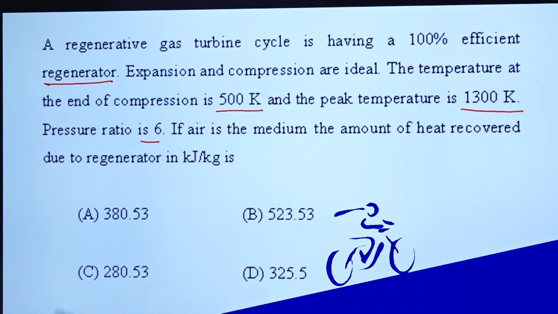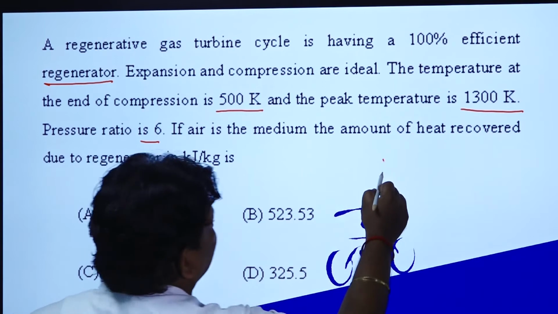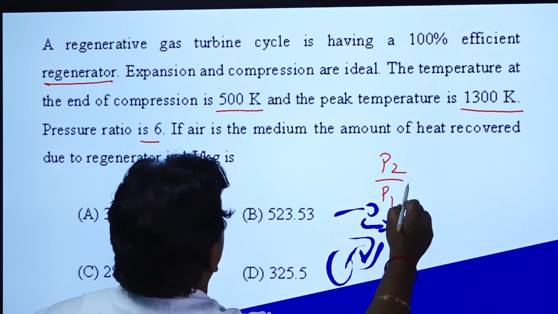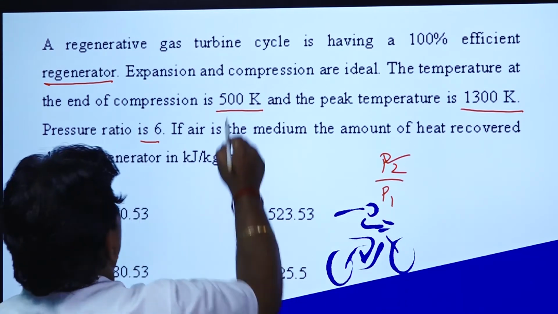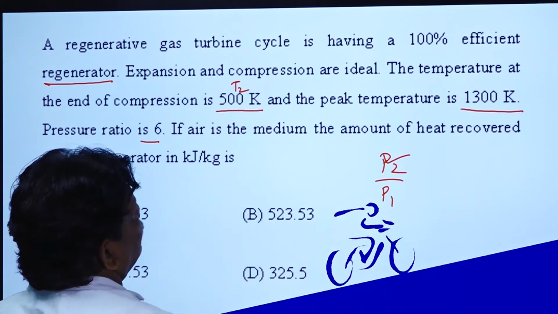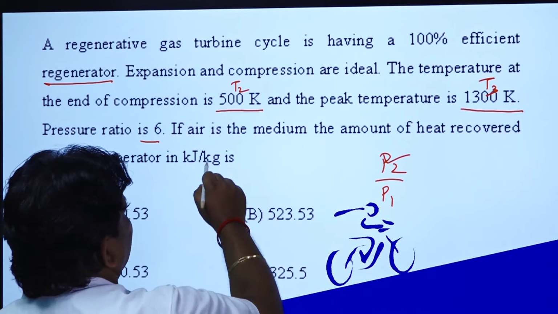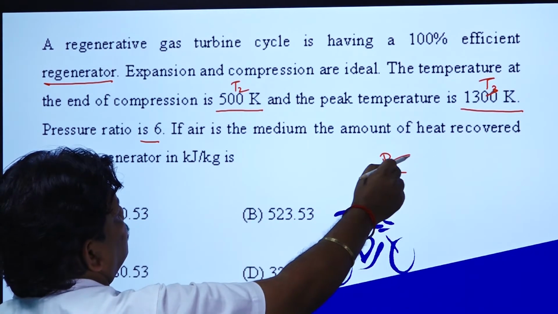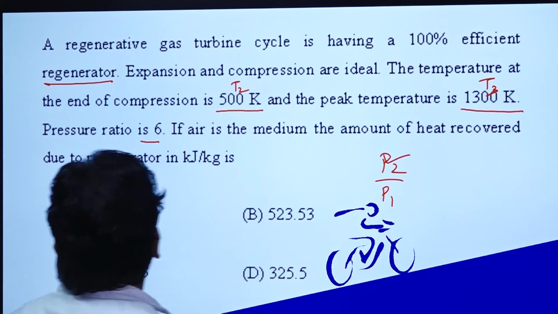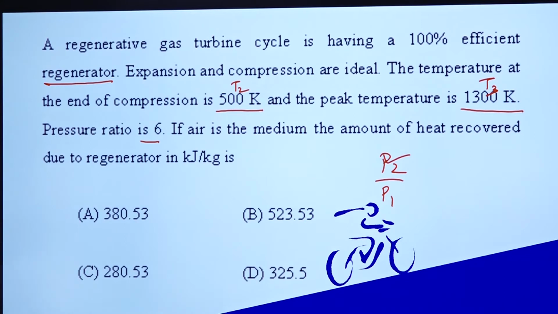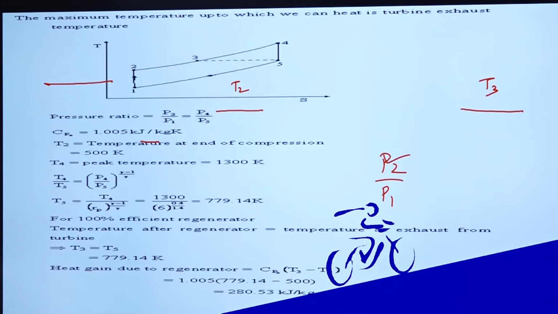The pressure ratio P2 by P1 is given. So at the end of the compression, T2 is given, then the peak temperature T3 is given. If air is the medium, find the amount of heat recovered due to the regenerator.